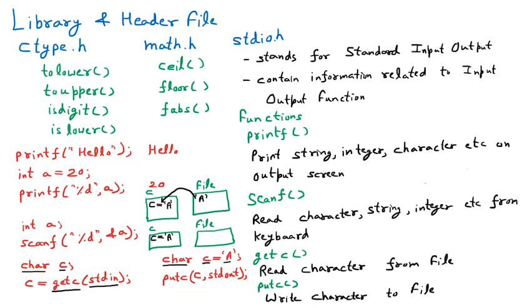Now we are saying putc, put the character c, means whatever is present inside c, and we know that in c A is present, stdout, standard output. So that character which is in c, means A, is going to be written inside the file. Now here in the file A will be written.